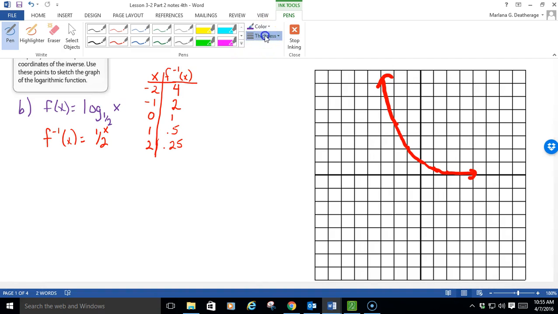Alright, now we're going to do a table for the logarithmic f of x. How are we going to get that table? Switch the x and y's. Good. Okay, and then I'll give you a minute to graph that, and I'll graph it too.